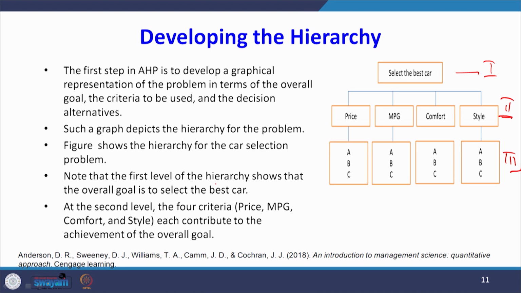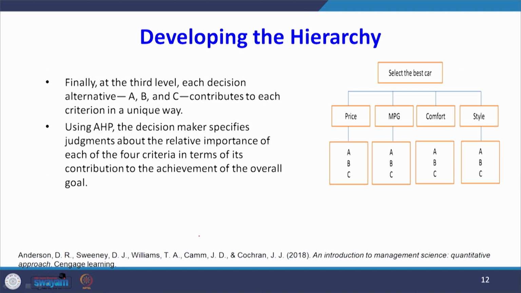Note that the first level of hierarchy shows that the overall goal is to select the best car. In the second level there are four criteria: price, miles per gallon, comfort and style. Each contributes to the achievement of the overall goal. Finally, in the third level, each decision alternative A, B and C contributes to the criterion in a unique way.